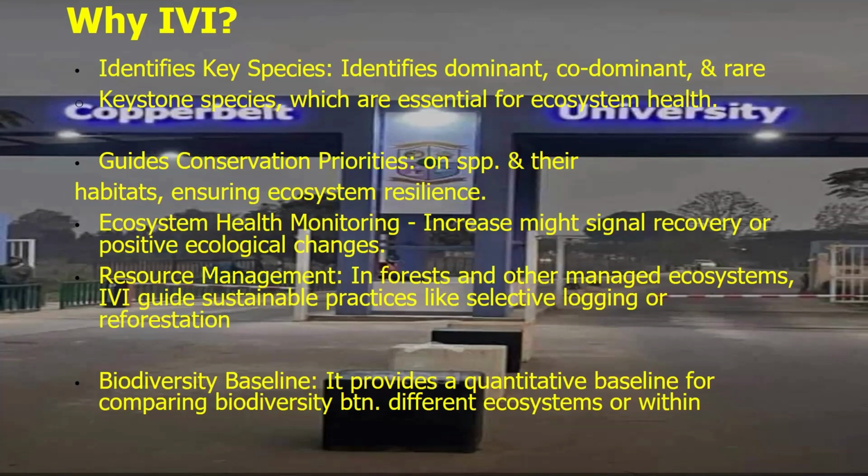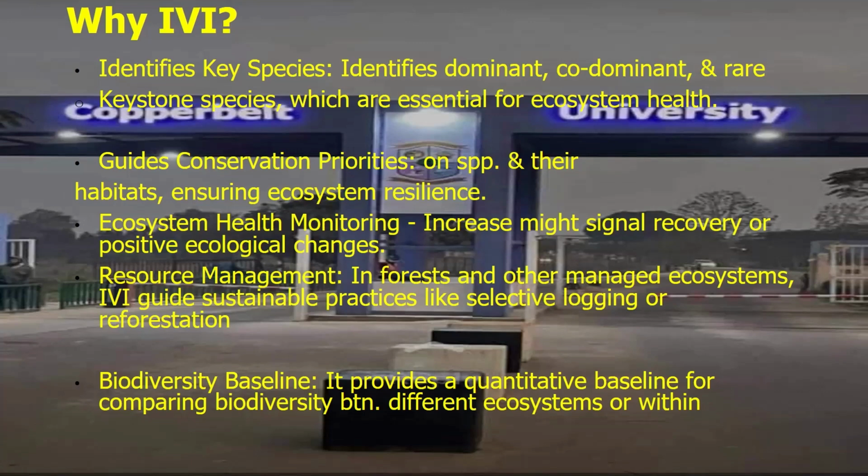So when we use the IV, it will provide us with information on which species we need to prioritize in terms of conservation. It's also important in monitoring ecosystem health. If we monitor this year and we monitor the same plot, the same site next year, and we see the IV value increasing for species A, then we know that there is a signal of recovery or a positive ecological change.